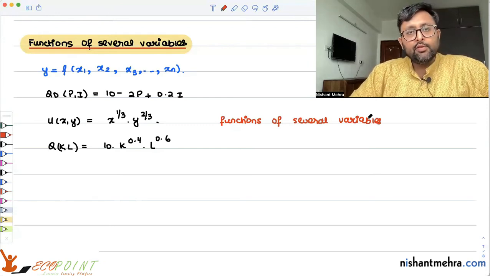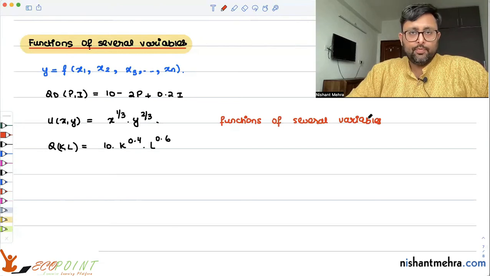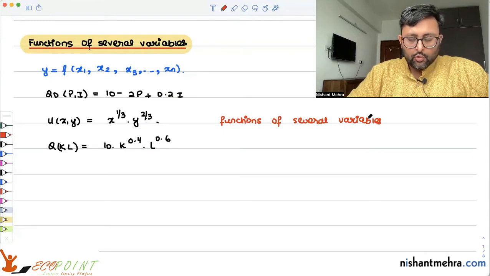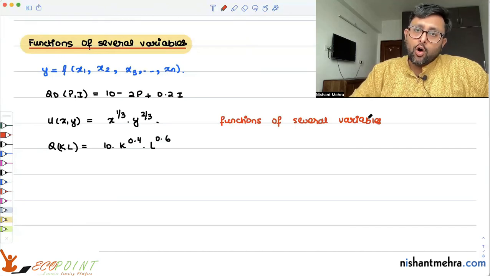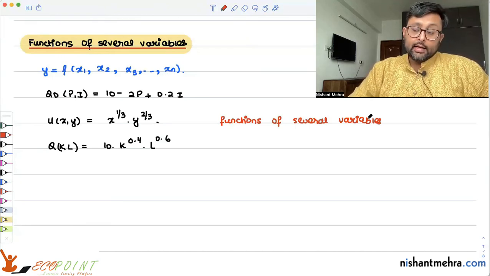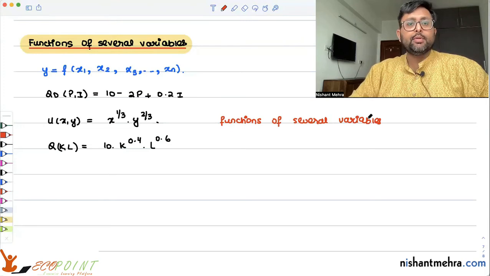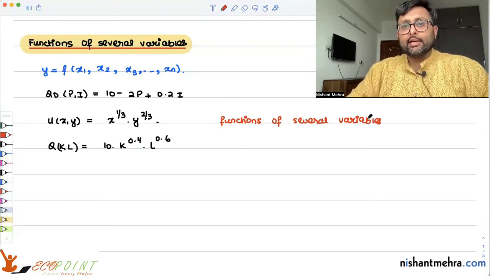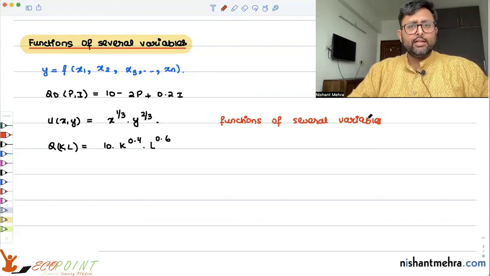Okay, so if the function is of several variables, we are interested in the partial differentiation concept. We are trying to measure the effect of a change in x1 on the dependent variable y, keeping all other variables constant. For example, y is a function of x1 and x2. If either of x1 and x2 changes, y is going to change.